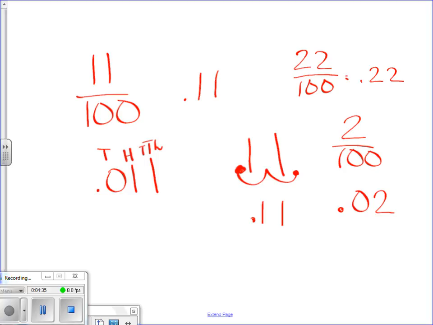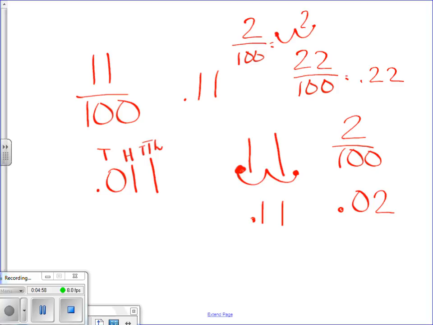Because it had to move 2 places. Just like we did in first quarter, if I had 2 divided by 100, the decimal's here. It had to move 1, and it had to move again.